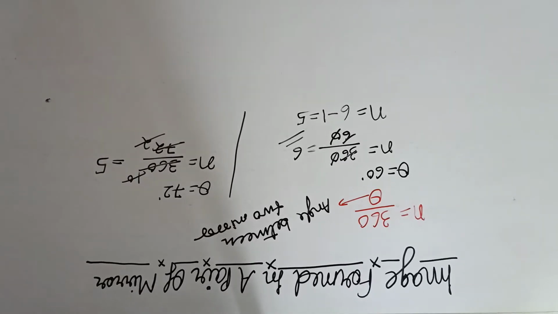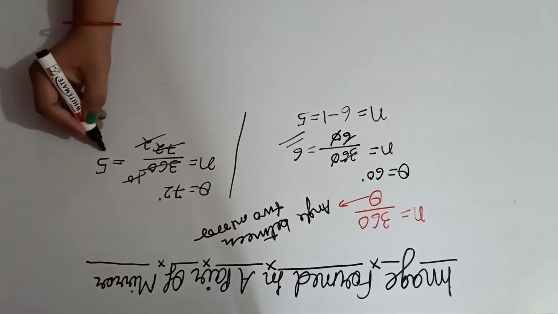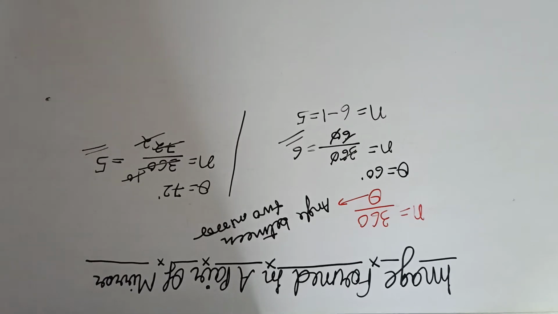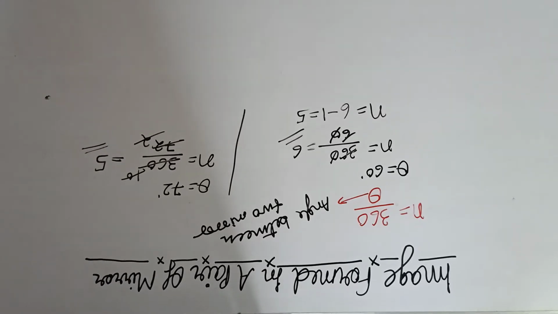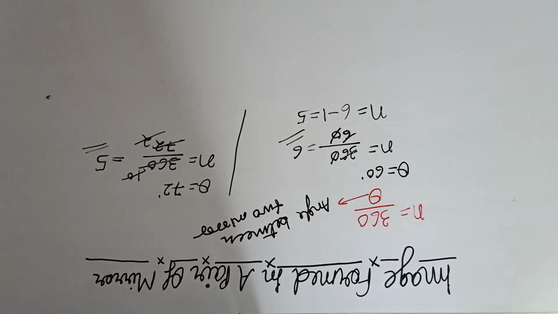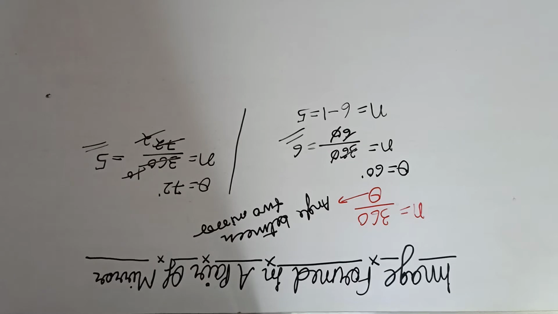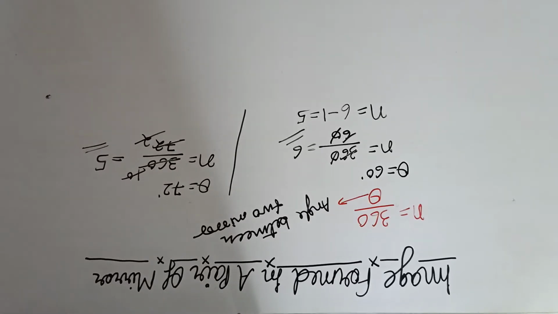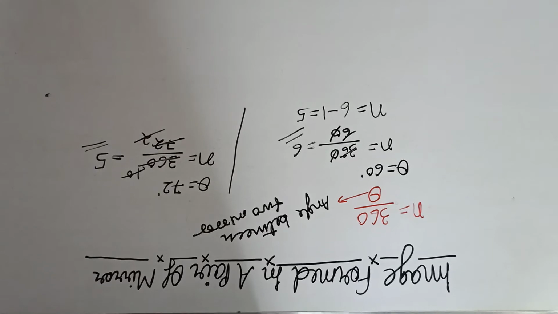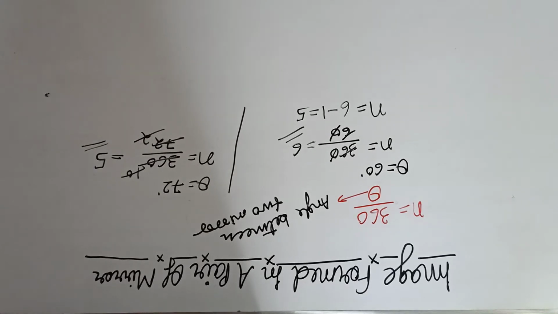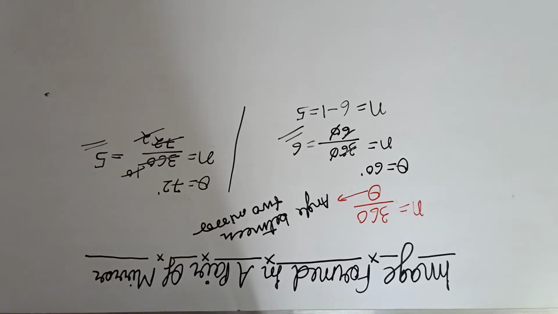If it is odd, then we cannot subtract 1 from it, because the number of images formed by the plane mirror is always odd. Here we will study two types of plane mirror arrangements. The first is when the two mirrors are inclined at 90 degrees, or when the two plane mirrors are parallel to each other. Here we will study only these two cases.